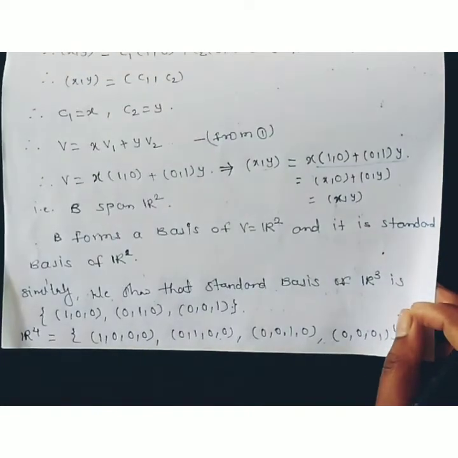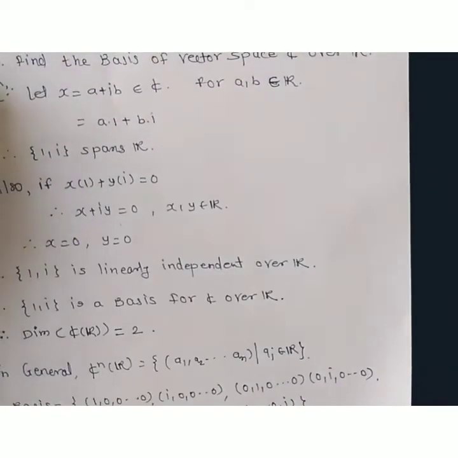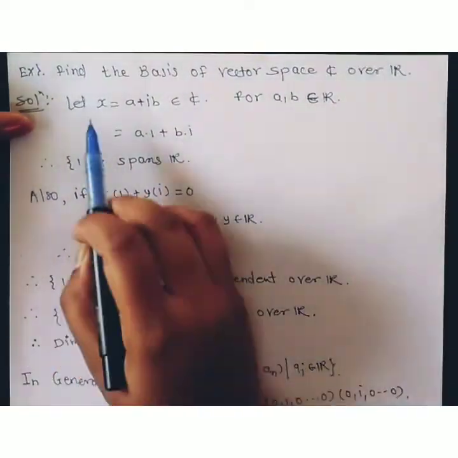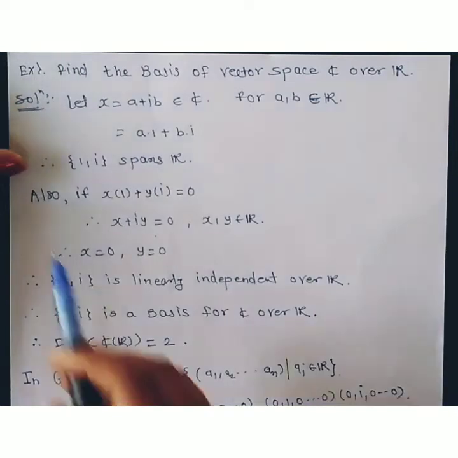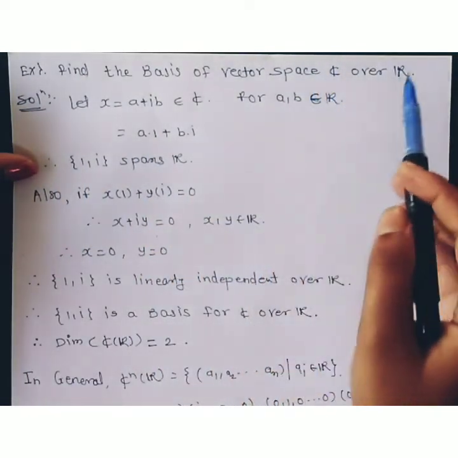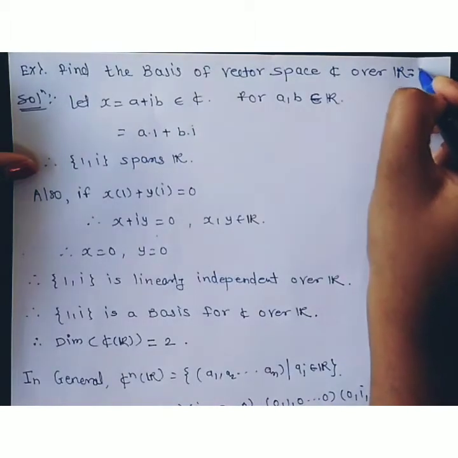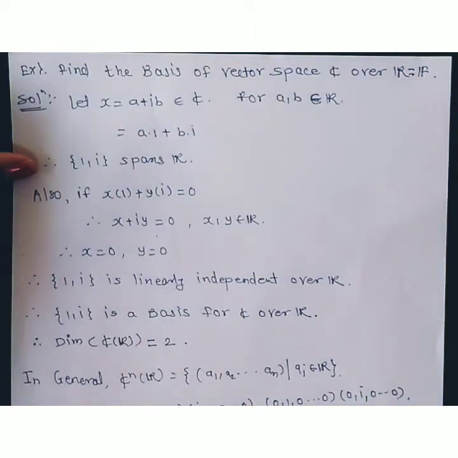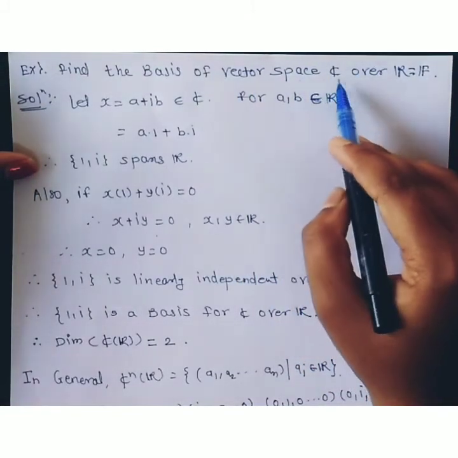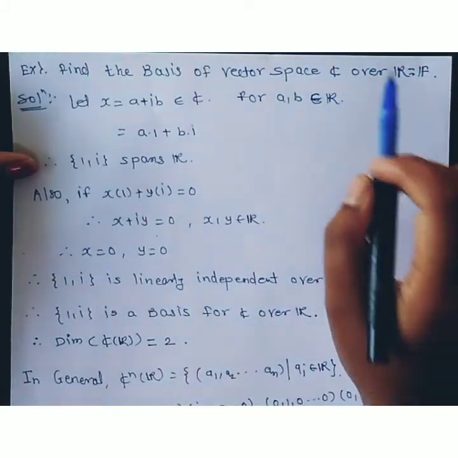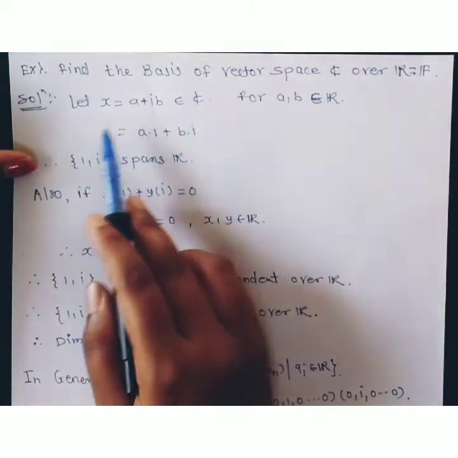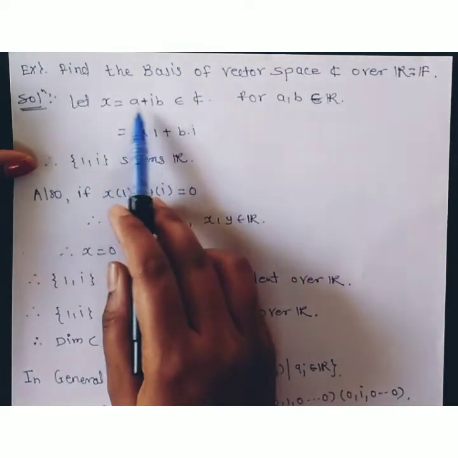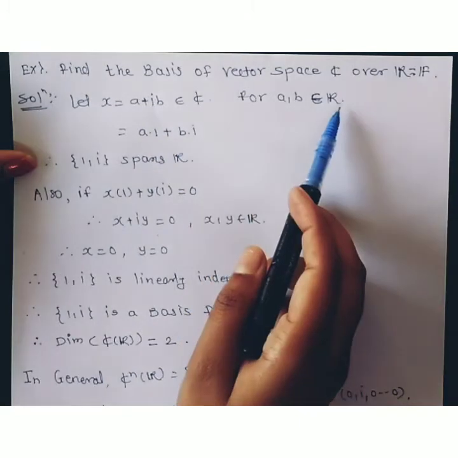Now, the next example is: find the basis of the vector space C over R. We have to find the basis of the vector space C, and the field given is R. Solution: to find the basis of the vector space C over R, we know the elements of C. Let x be an element of the vector space C. The elements of the complex numbers are of the form a plus ib, where a and b are real numbers.